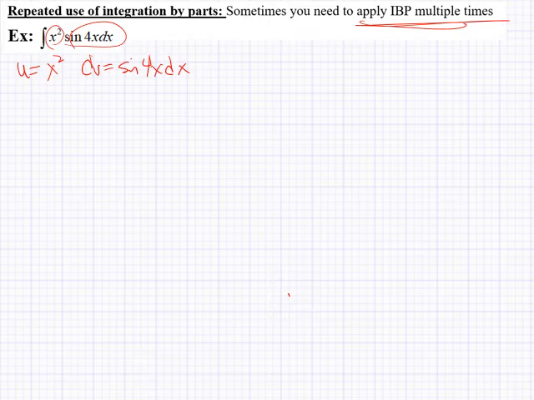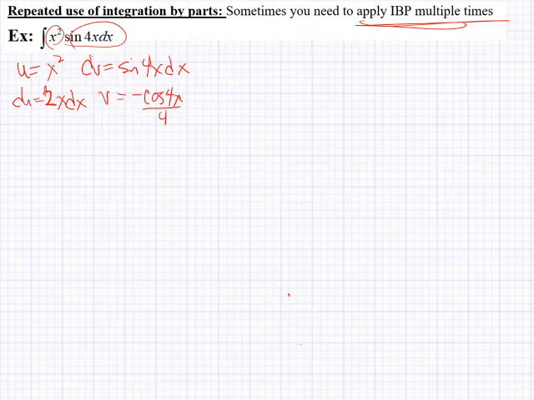In this case, x squared is definitely going to become simpler because it becomes just 2x dx, where sine just keeps cycling back and forth between sine and cosine. So in this case, I would have the integral of sine, which would be minus cosine 4x over 4.